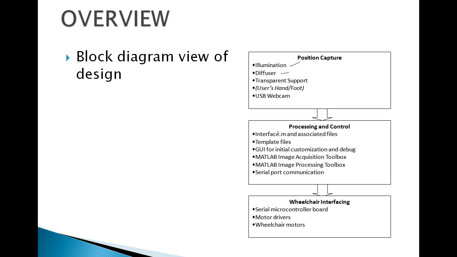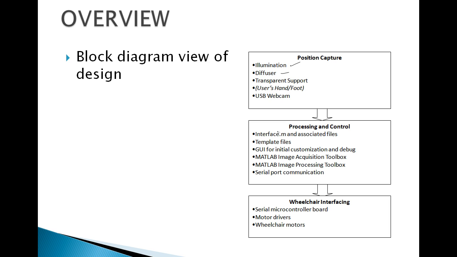Processing and control consists of the MATLAB source files. Template files are the files that are created during an initial training step, where the different commands available to the user from the wheelchair are mapped to different hand positions.